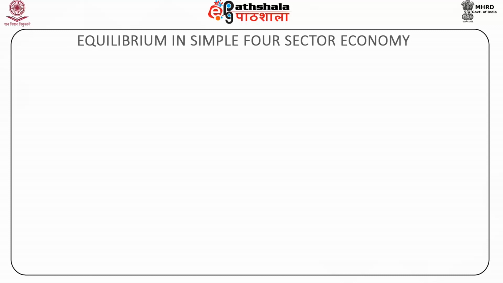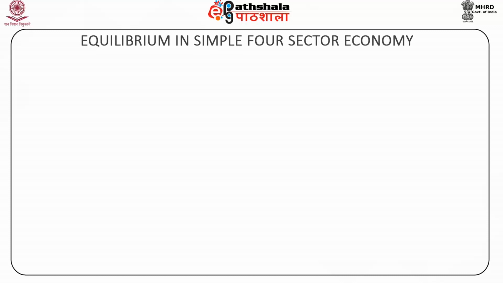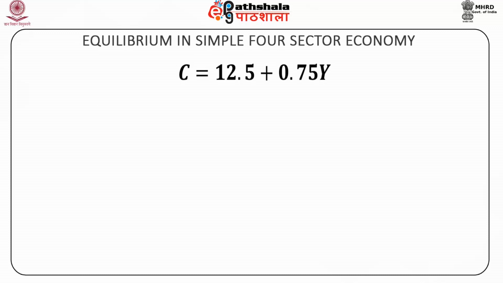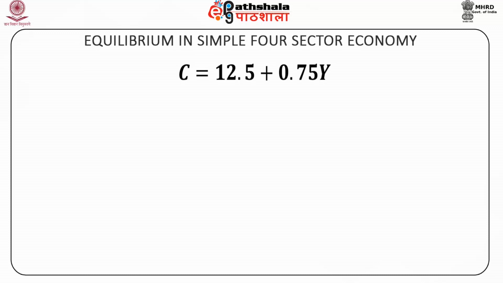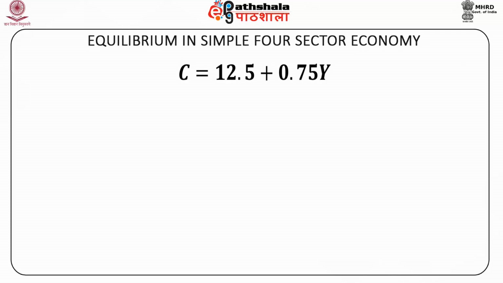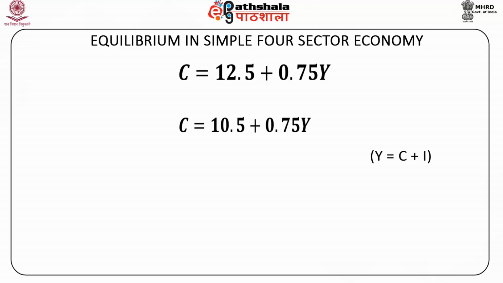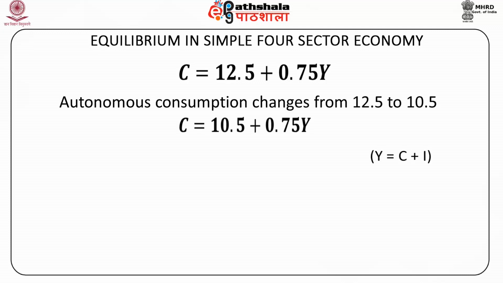Investment is 120. The new equilibrium will be at point where y = C + I. That is, y = 10.5 + 0.75y + 120. By solving this equation, we get y = 522.